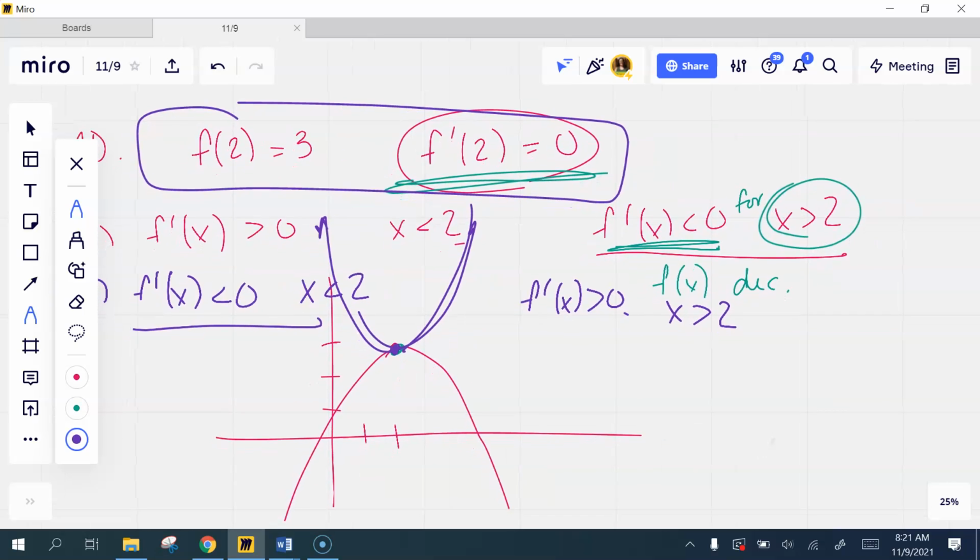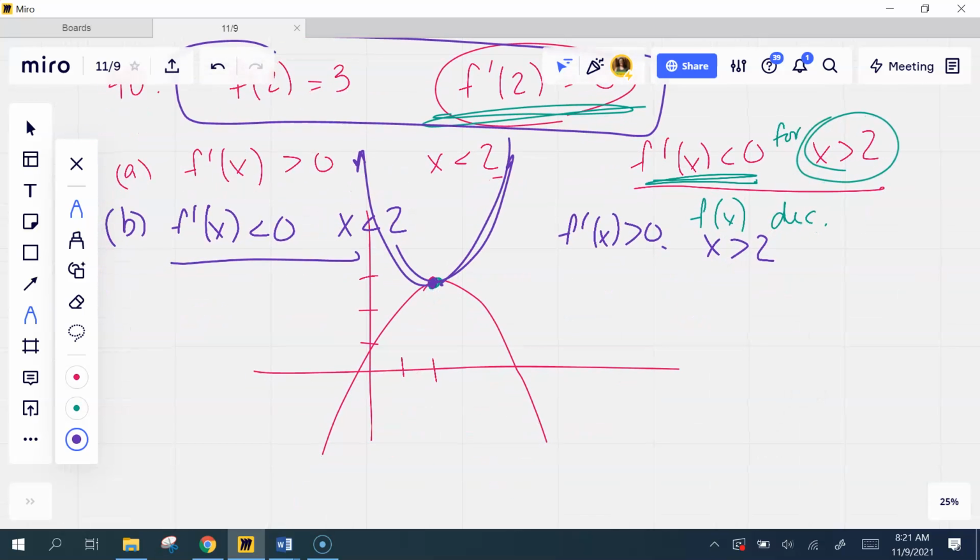Part C says that the derivative is less than 0 when x does not equal 2. What does that mean? I bet you it's a hole right there.